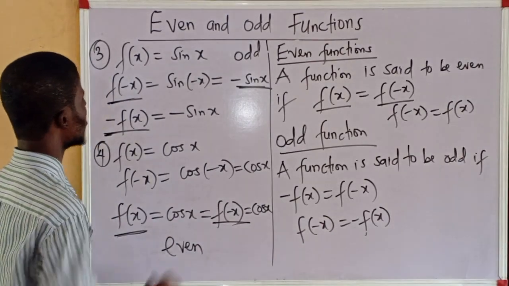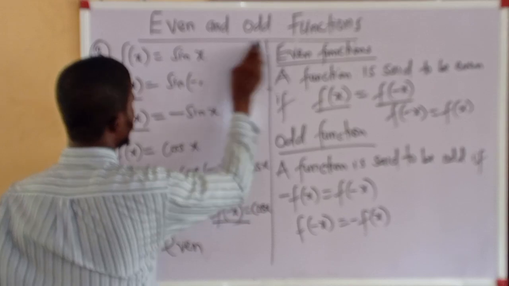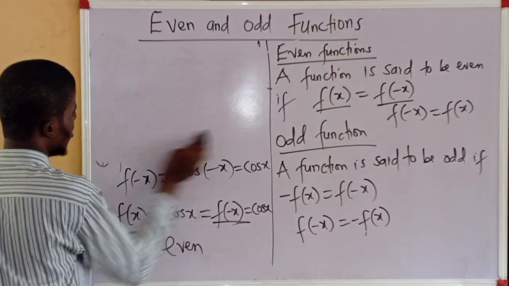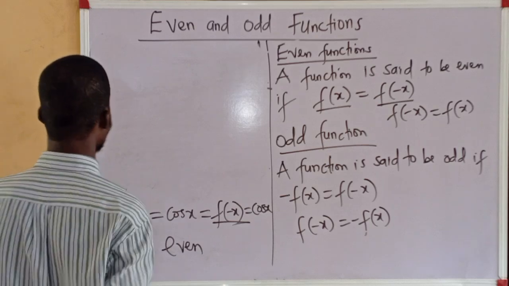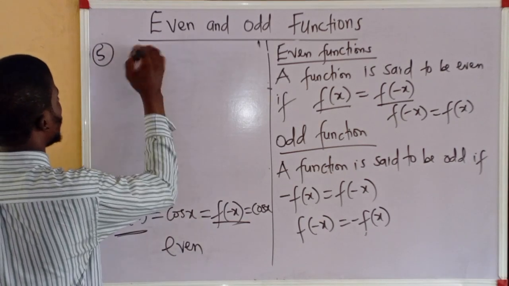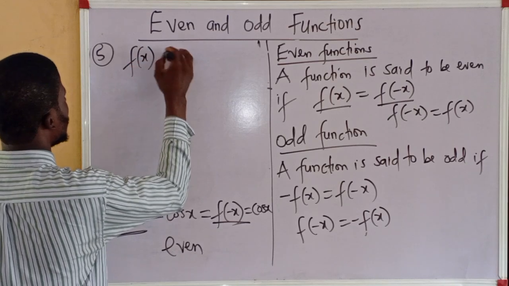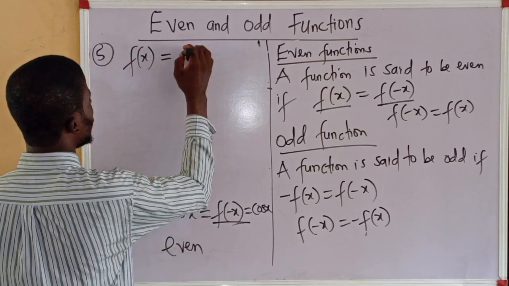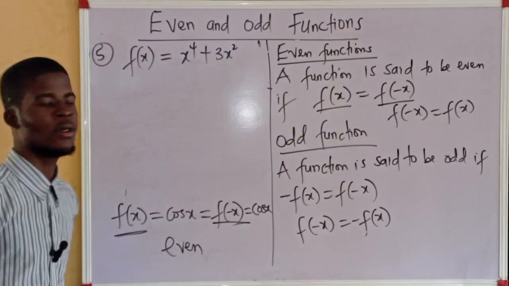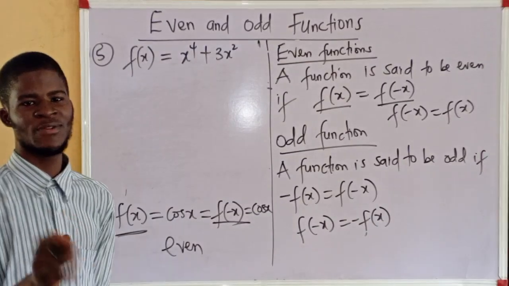Alright, we can also determine the evenness or oddness of a polynomial function. For example, I think this should be number 5. We are considering f of x equal to x to the 4th plus 3x squared. Okay, this function is actually an even function.